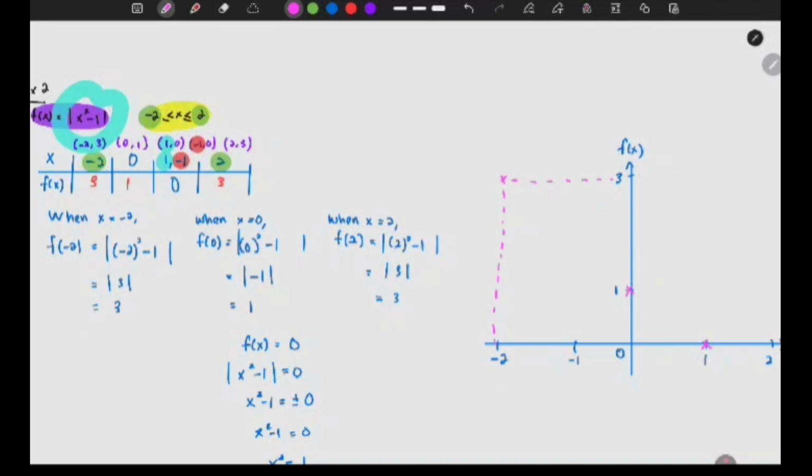And then 2 and 3. It's this. 2 here, 3 here.